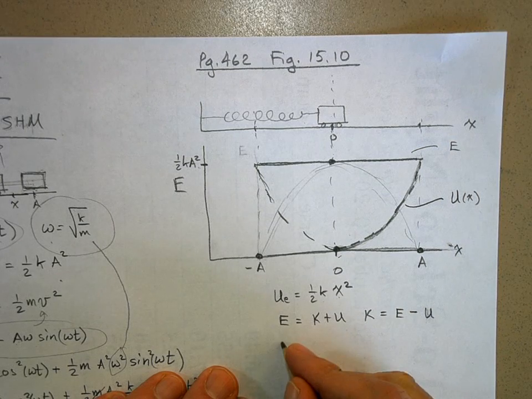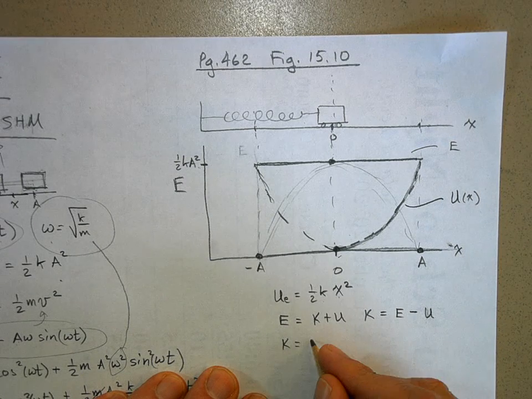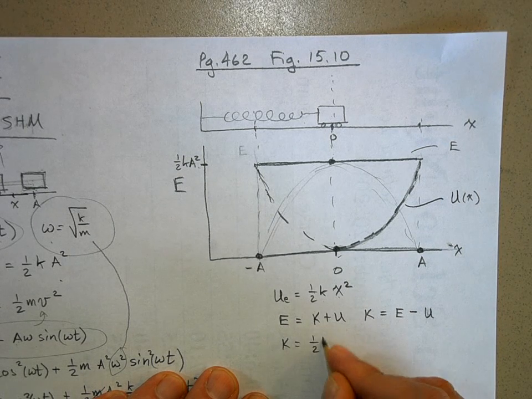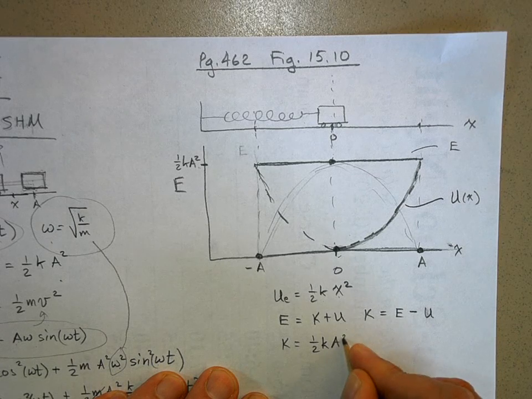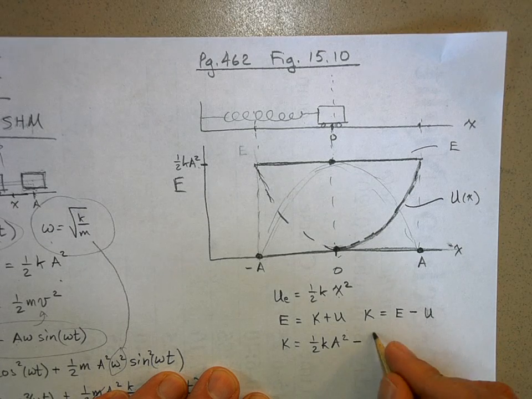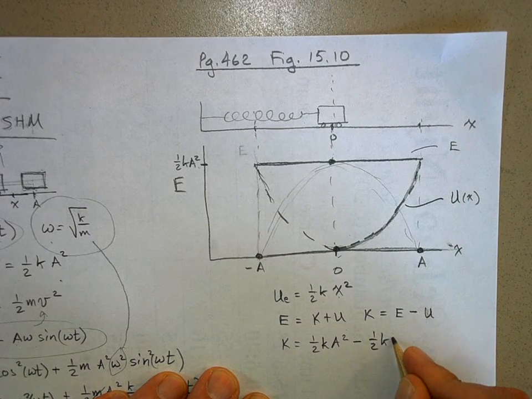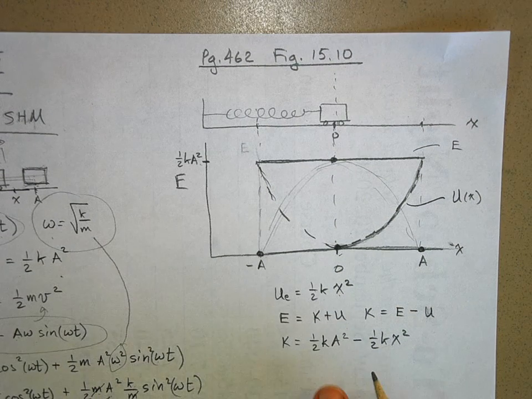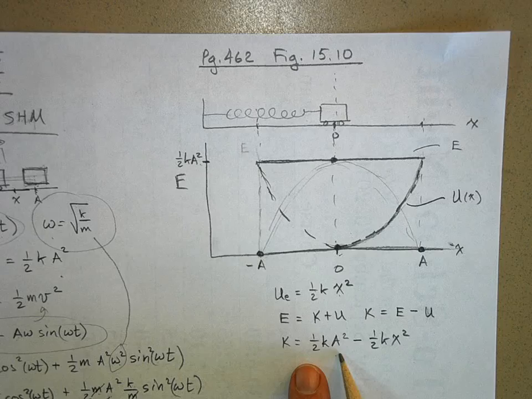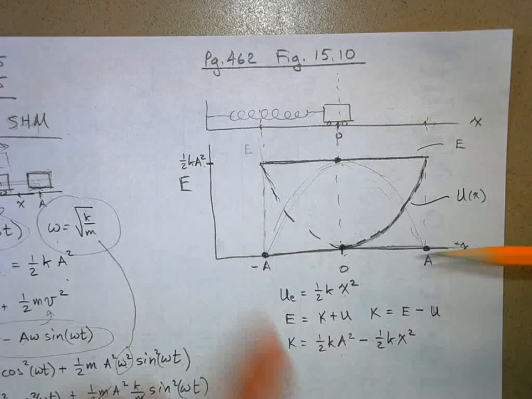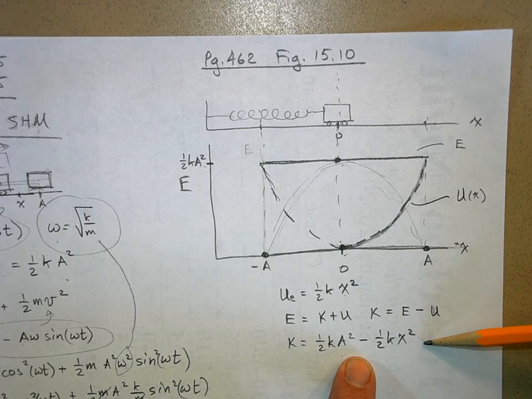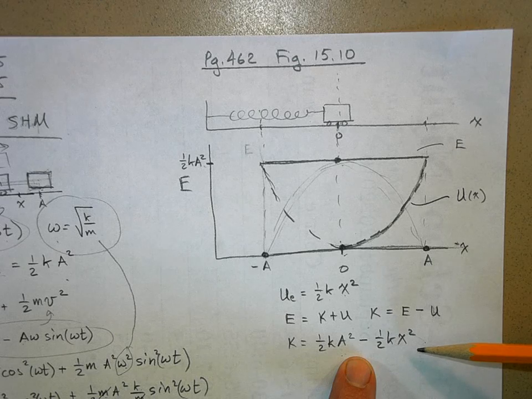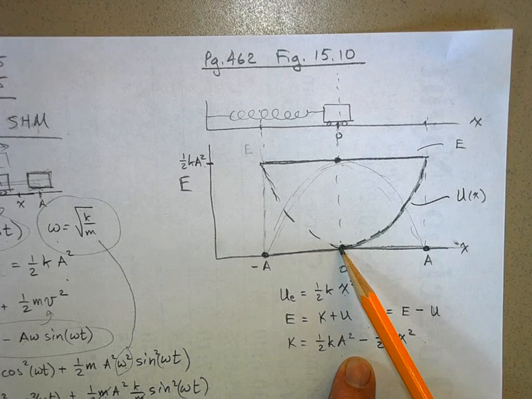So K is equal to 1/2 KA squared minus 1/2 KX squared. Well, this is just a shift in the energy up to here, and this is minus 1/2 kx squared. So that's an upside down parabola, just like this one.